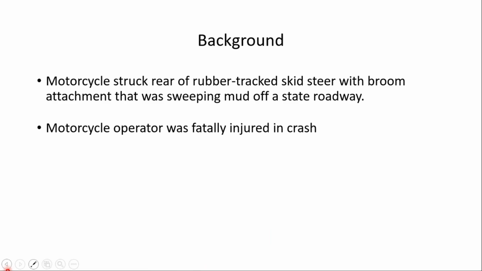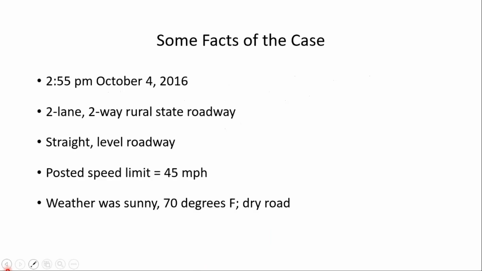Skid steer was going north, and the motorcycle was also going north. Sweeping the mud created a cloud of dust, and apparently the motorcycle operator didn't see the skid steer and struck the back of it and was fatally injured.